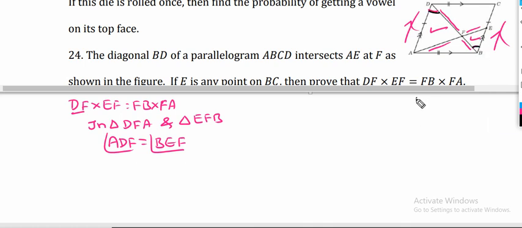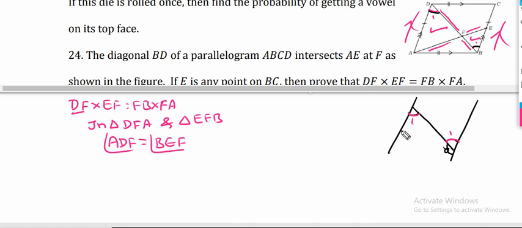Alternate angles means if you draw a transversal line across two parallel lines, these two angles are always equal. These two are considered as the alternate angles. Here also, these two are considered as the alternate angles. And another pair is there.